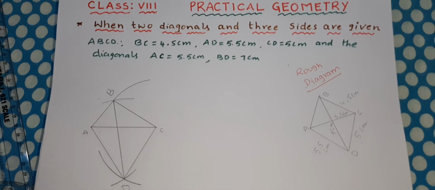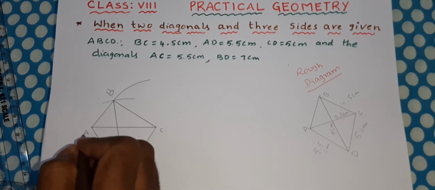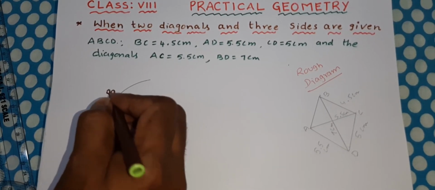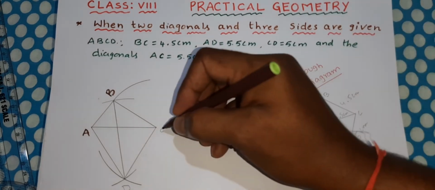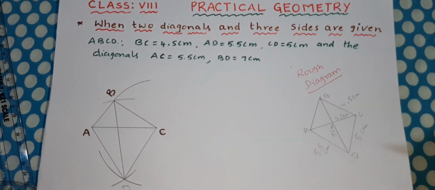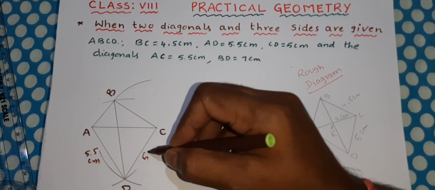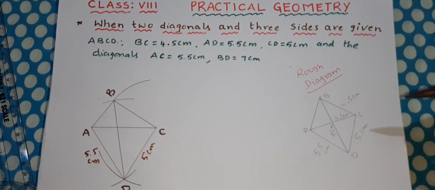Write the measurements. This is A, B, this is C, and the last one is D here. So they have given AD is 5.5 centimeter, CD is 5 centimeter, right?